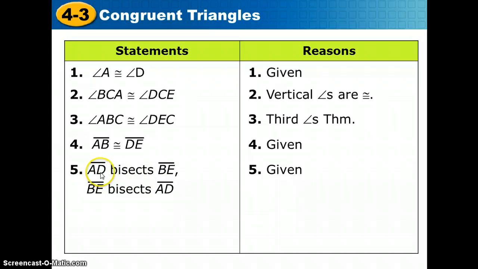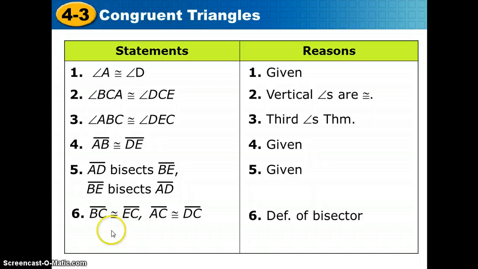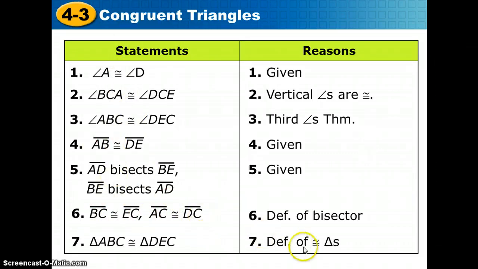The definition of segment bisector then tells us BC is congruent to EC and AC is congruent to DC. There are the other two pairs of congruent sides. So we've shown 1, 2, 3 pairs of congruent angles and 1, 2, 3 pairs of congruent sides. So the triangles are congruent by definition of congruent triangles.